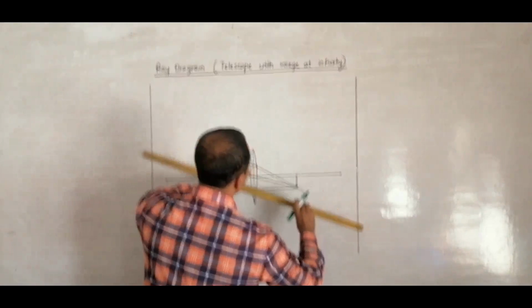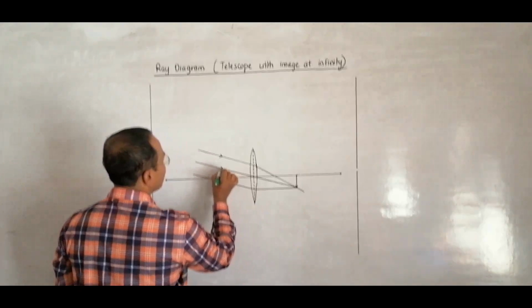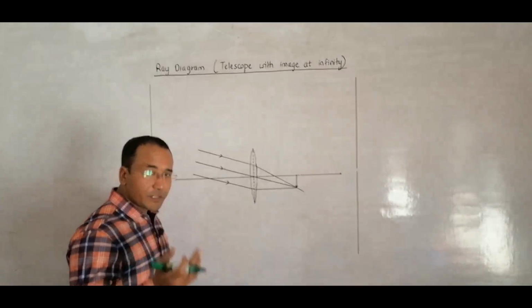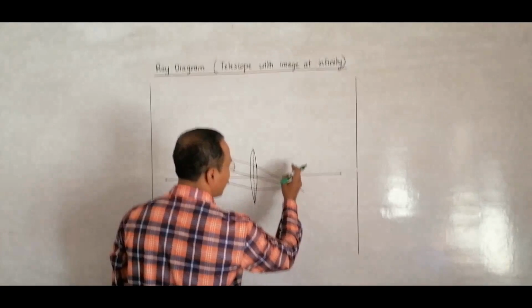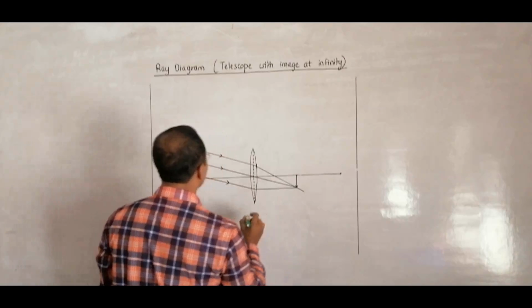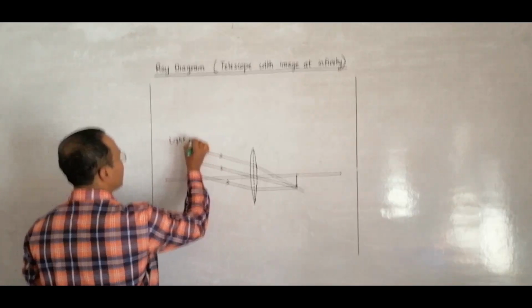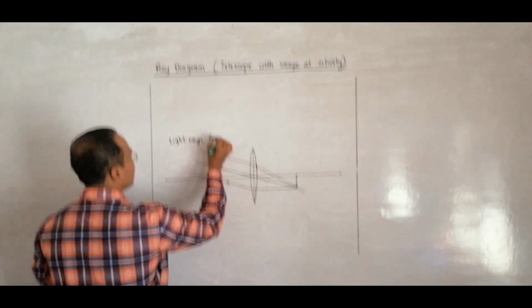This thing right here. So these are the rays which form those parallel lines coming from infinity, and they are being focused. They will form the image at the focus. So here they are, light rays from infinity.